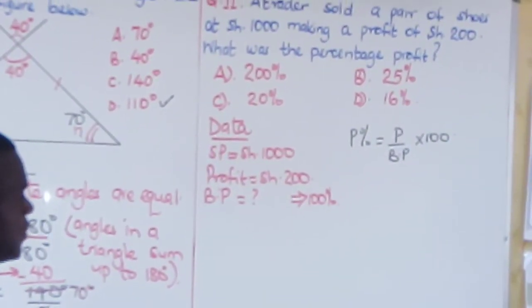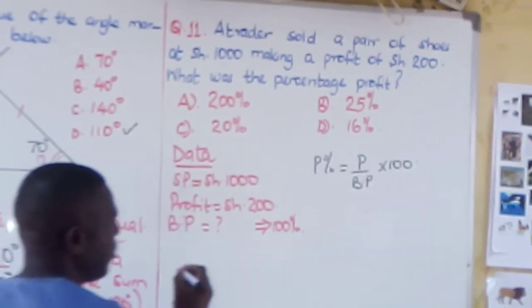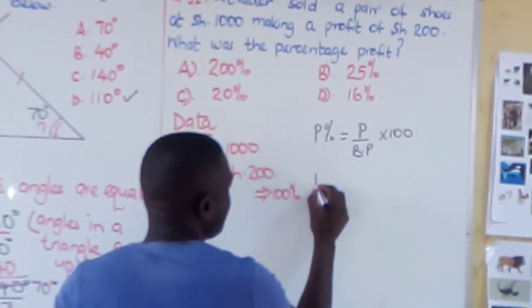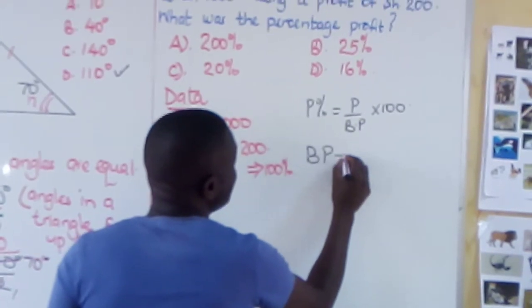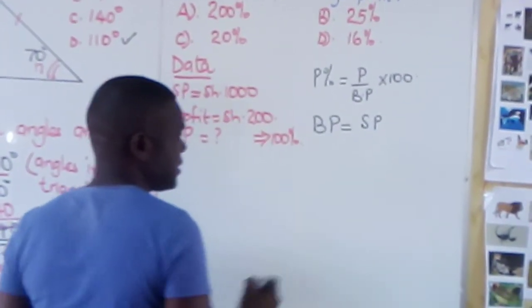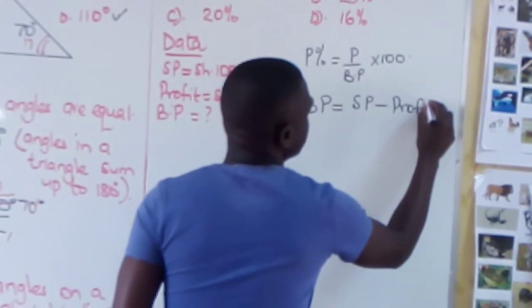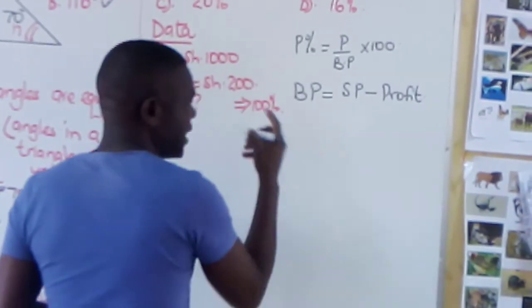Are we together? Now let's look at how we get buying price. Given the selling price, we subtract the profit in shillings to get the buying price.